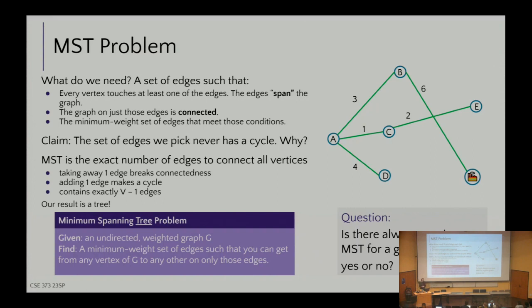Remember, tree is just our fancy way of referring to a subset of these vertices and edges. So if this picture was all of the edge weights, here is the minimum spanning tree where I've removed all of the edges we don't need, and I have left the minimum set of edges that still maintain total connectivity.